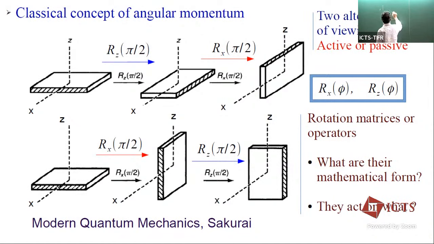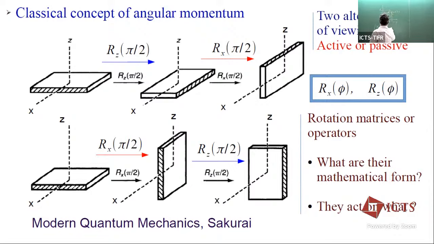Suppose this is x, y, z. If I rotate it along the z-axis, the z remains the same, only x, y changes. So x changes to x prime and y changes to y prime. If I write it in vector form, z remains the same. It is easy to calculate: this is x and this is y, and then you have y prime and x prime.